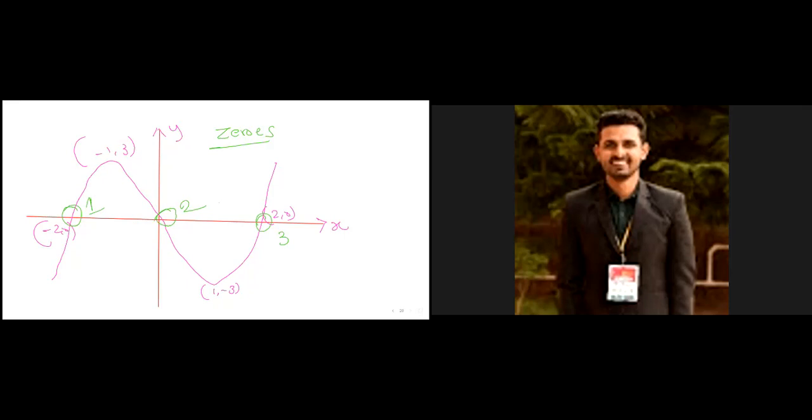So zeros of this graph are at 3 points, that is at -2, and this is 0, this is 0, and one more point at 2. So this graph is intersecting the x-axis at 3 points.